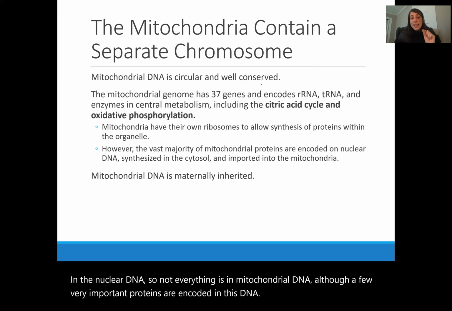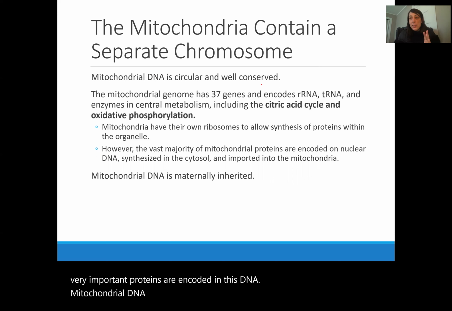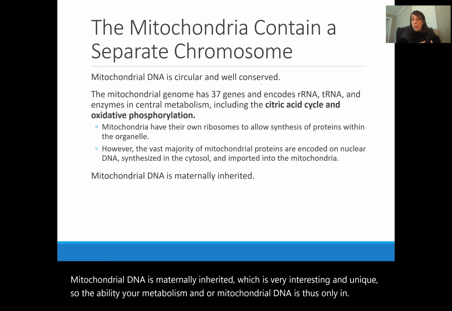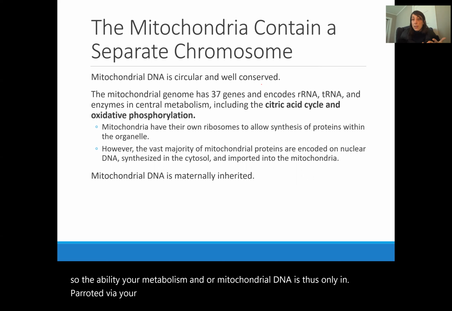Mitochondrial DNA is maternally inherited, which is very interesting and unique. So your metabolism and your mitochondrial DNA is thus only inherited via your mother. And so any of these encoded proteins are going to be coming only from your maternal DNA.